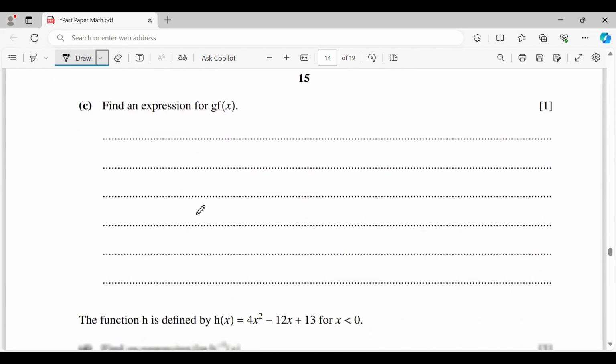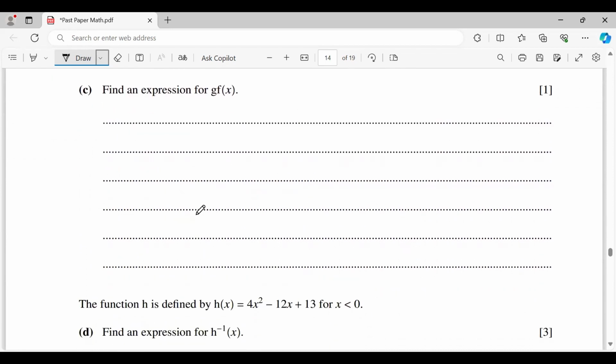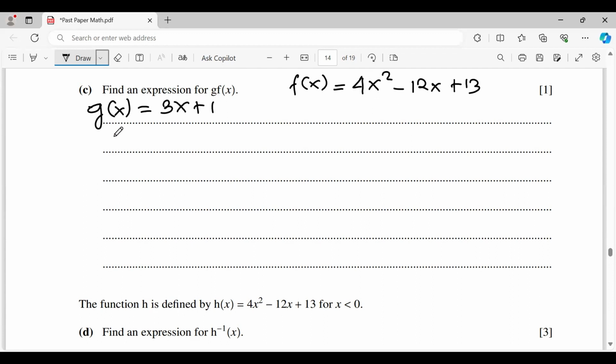Now part c, find an expression for composite gfx. Fx, as you know, is 4x squared minus 12x plus 13. Gx equals 3x plus 1.